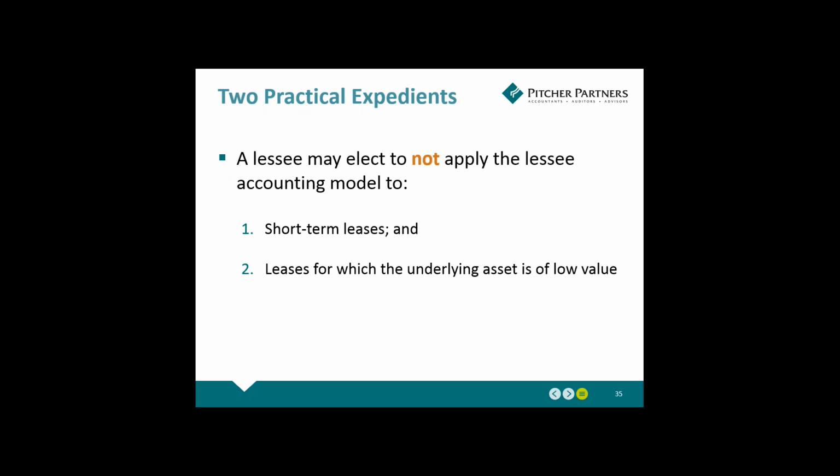So that's systematic even expense, more or less. Or if you've got leases for which the underlying asset is of low value, you don't have to capitalize and have an asset and a liability and do amortization tables. A lot of work, cost benefit, not worth it. You could say low value, I'm going to do what I currently do for operating leases again. So those are the two things that you have to think about.